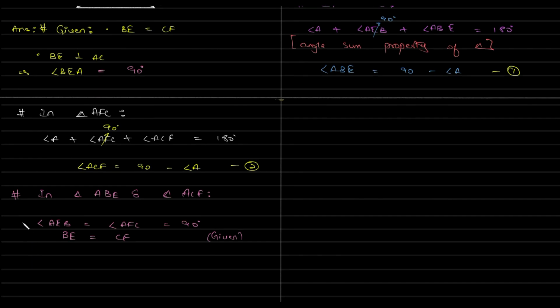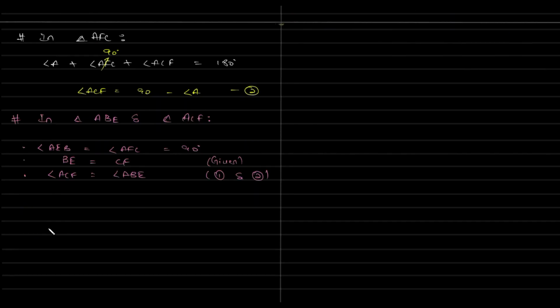And we have the third one, angle ACF is equal to angle ABE. This is from 1 and 2. And with this set of information, you can tell by ASA congruency triangle ABE is congruent to triangle ACF.